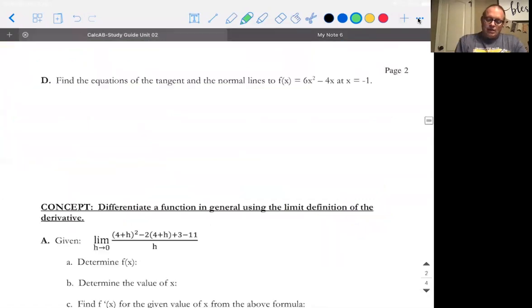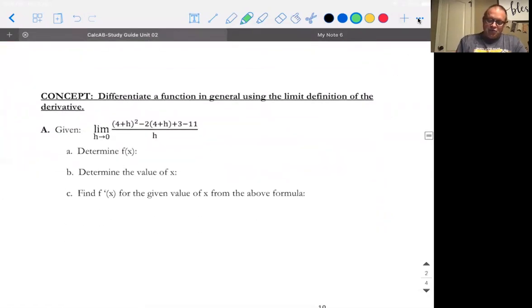So let's buzz back over to the study guide for a moment. And last time we worked through some of this. We were able to figure out that this formula up top was x squared minus 2x plus 3, and the value of x was 4.